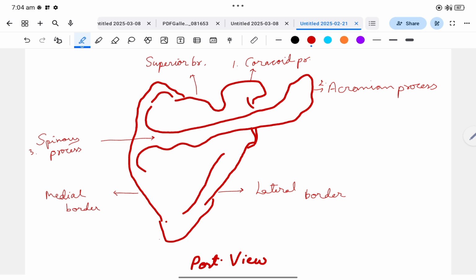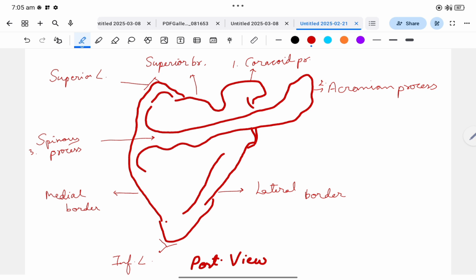So the first angle is this one. This is the inferior angle. The next angle is this one. This angle is the superior angle.